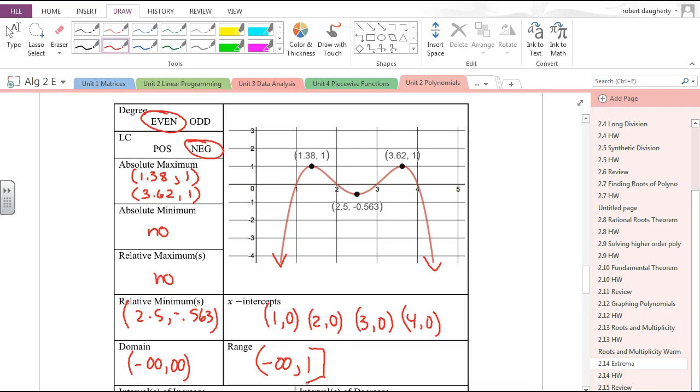Huh? Where did I get what? Right here. Y values start at negative infinity, but they stop at 1. They don't go any further. Range, tell Kyle, the range is the only time you look at the y-axis.